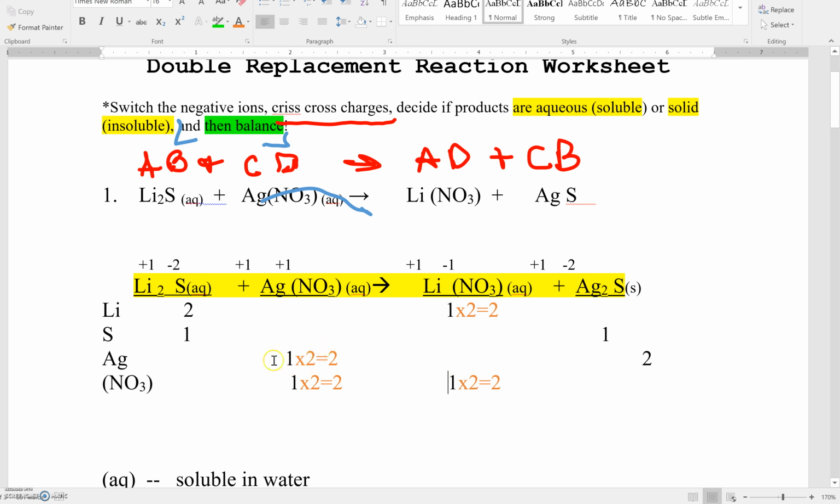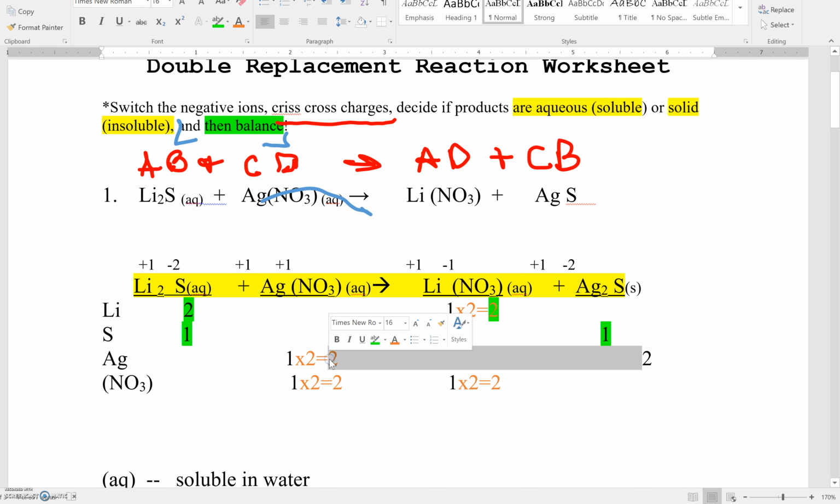All right. So now what do I have? Well, I have 2 here, the lithium. Highlight that. And I have 2 here of the lithium. Excellent. Those 2 check. I have 1 sulfur. Yes. And I have 1 sulfur on this side. Yes.